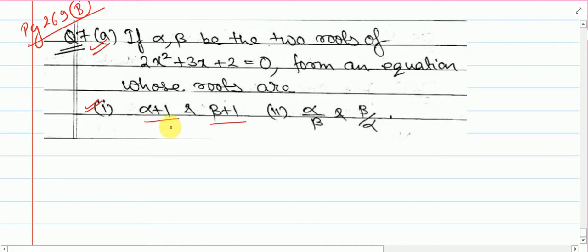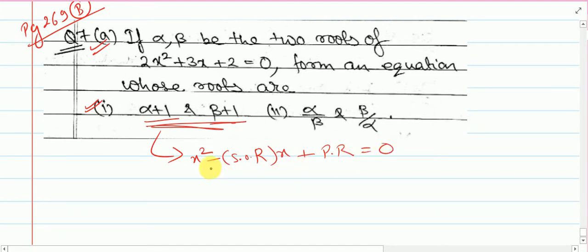So before that, since roots are given to you, the equation for them will be x square minus sum of roots, then plus product of roots equal to 0. You know that, yes, that corresponding quadratic equation for these two roots will be given by this.